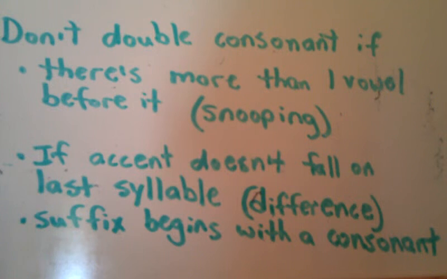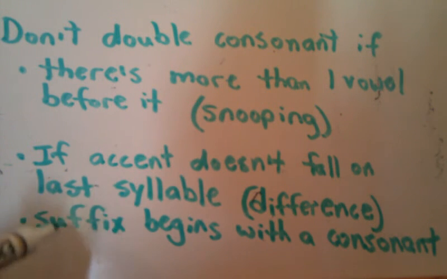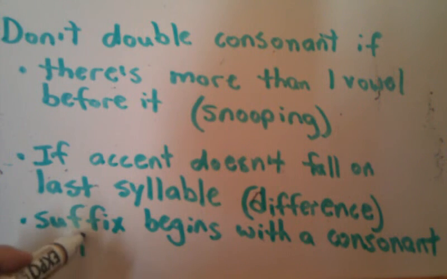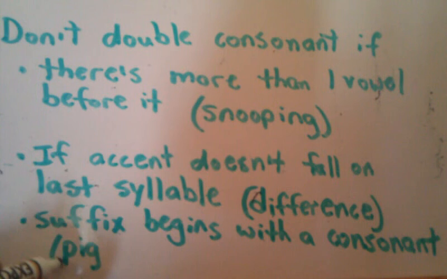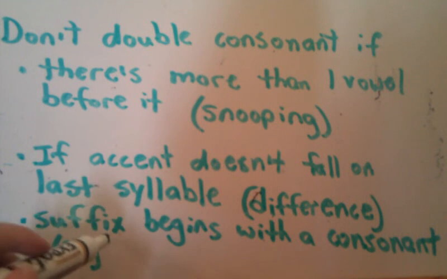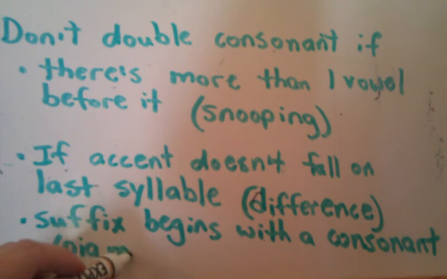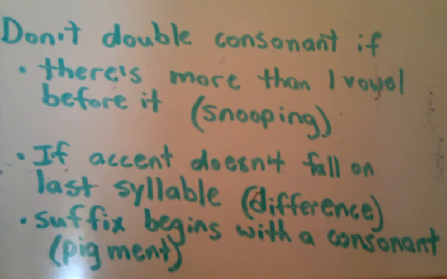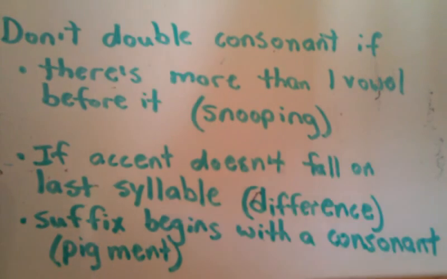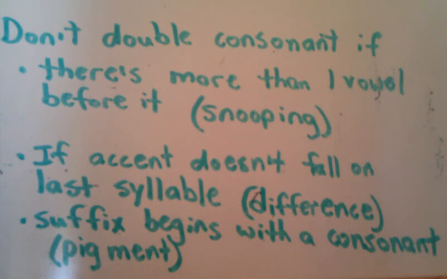For example, pig. I want to add mint to it. Since mint starts with an M, I'm not going to double the G: pigment. Okay? All right.